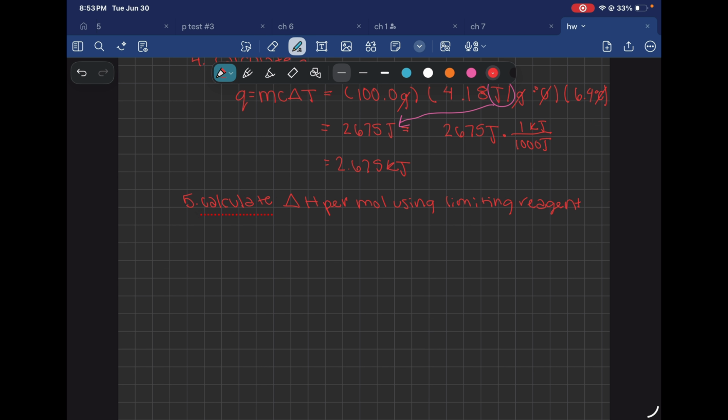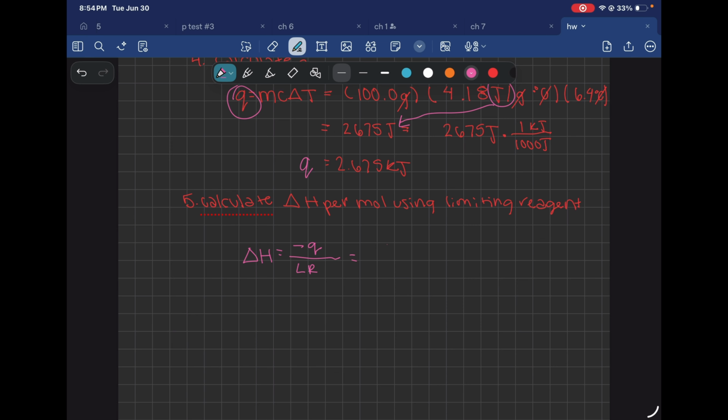And we have here our kilojoules. To calculate delta H, the formula is delta H equals negative Q, which is the Q we solved for, in kilojoules, divided by our LR, the limiting reagent.